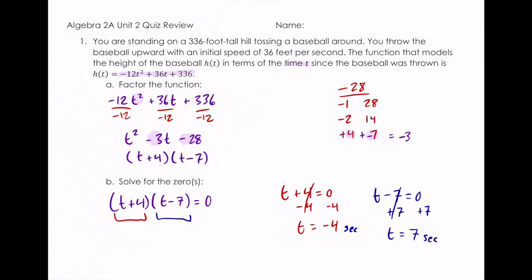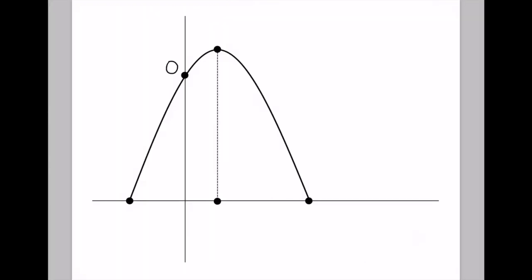So really, we're only focused on the positive amount of seconds. What we have found here is that it took 7 seconds for the baseball to hit the ground. If we have a baseball here, it's starting here and then it lands on the ground, it's going to land here after 7 seconds. The other answer we found, negative 4 seconds, we don't really care about that because it doesn't make sense in our situation.